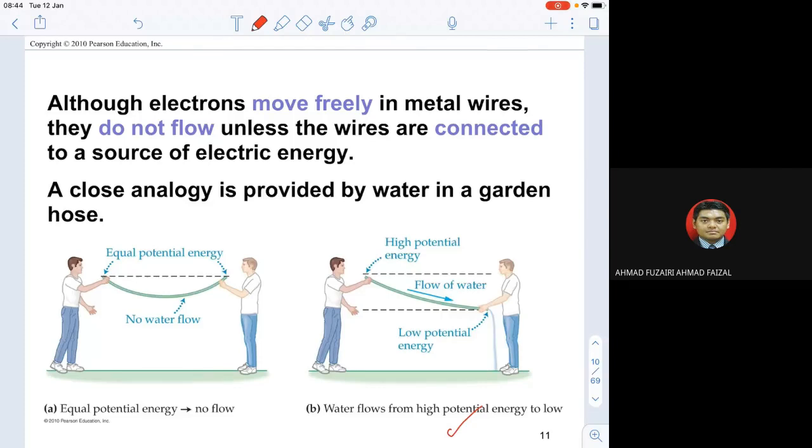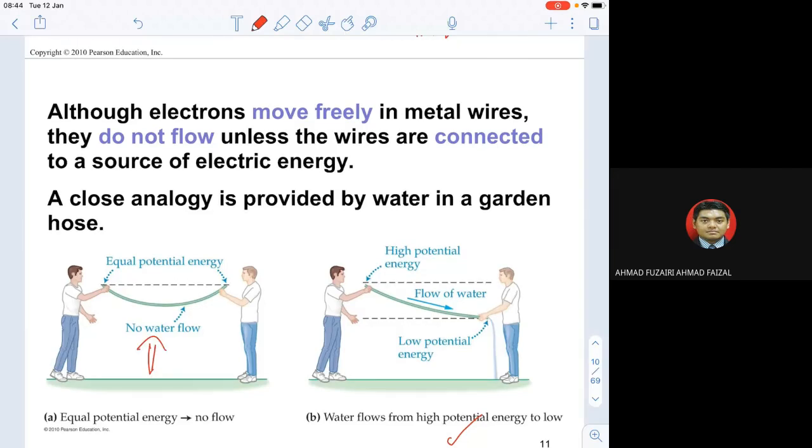It's due to the electric potential. That's why we say potential difference. You must have a potential difference in order to make the electron flow. The electron cannot flow if the potential is the same from one point to another.